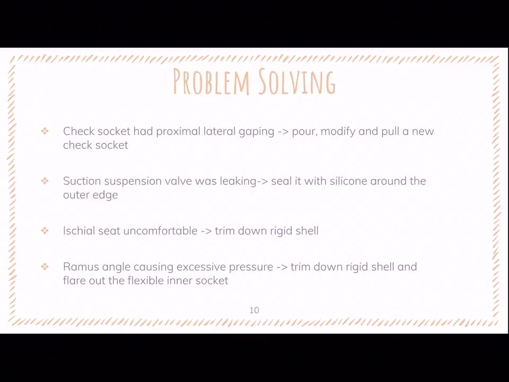So same thing, the clinician just trimmed down the rigid shell and flared out the flexible inner socket a little bit more so that it wouldn't be pressing up as much. And again, with these small modifications, the stability and the suspension of the prosthetic were not compromised at all, but it definitely increased comfort, as well as increasing the amount of time that she can wear this leg.